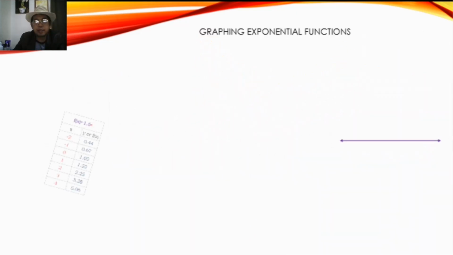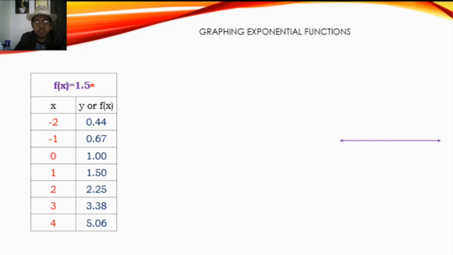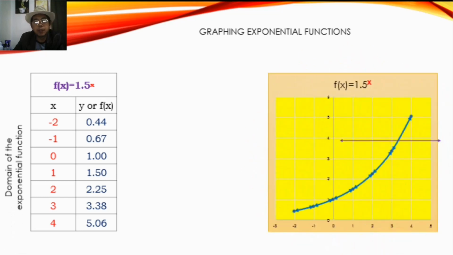So to analyze the graph that we just had a while back, you will notice in here that we can see the properties that we just discussed. So the domain of the exponential function is all real numbers.